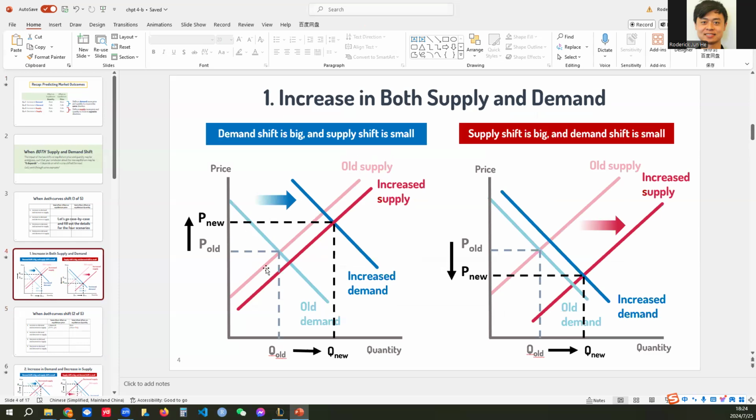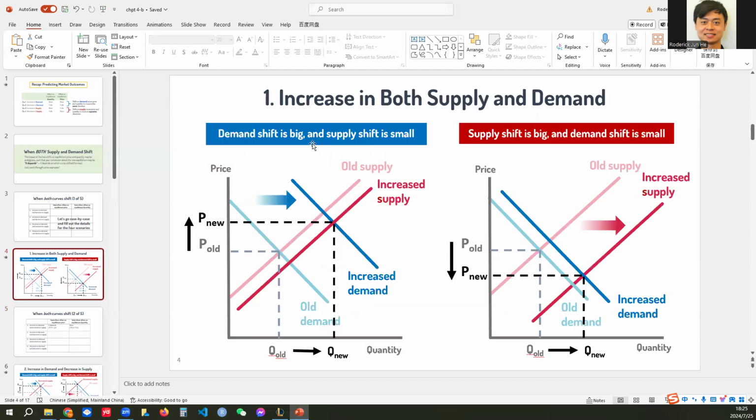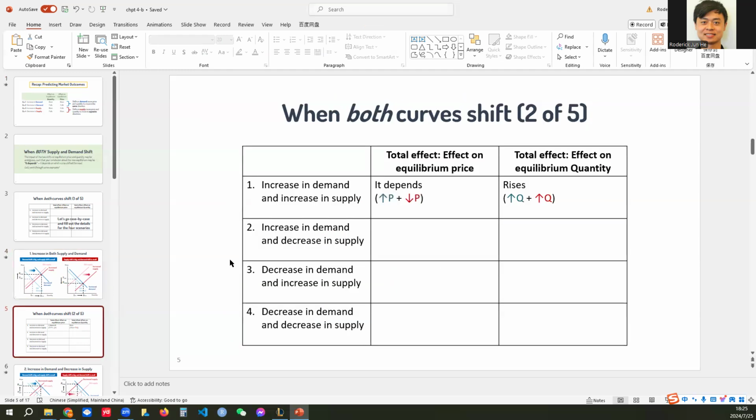Let's look at the old supply, right? Demand increases, the price will increase. Then for supply, we fix on the old demand, supply increase, price will decrease. So these are of two opposite directions. Then which one is greater will tell you the final direction, right?